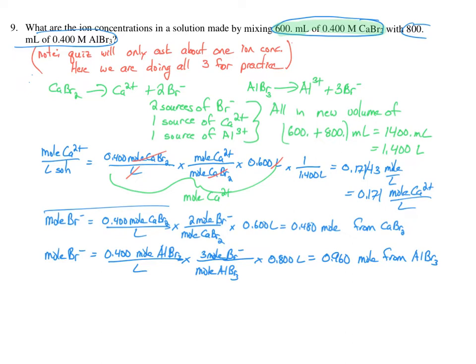All right, so we can calculate the moles of bromide ion we get from the calcium bromide and the moles we get from aluminum bromide.